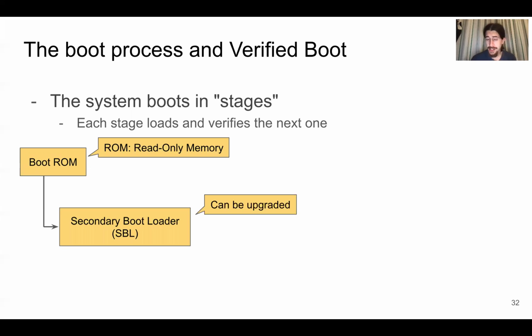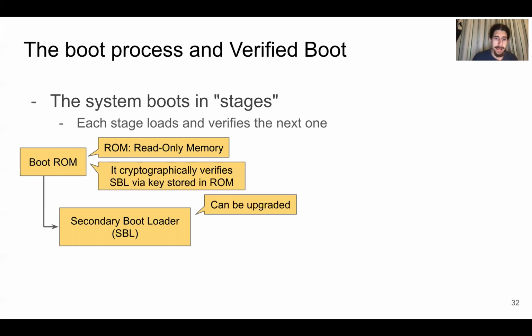And you can change this SBL. There is a procedure to change it. This is different from the ROM, which you cannot change. And the idea is that the boot ROM, before loading and jumping to this secondary bootloader, checks cryptographically that this SBL is valid. What does it mean? Well, in the ROM, not only is there code to load the SBL and jump to it, there is also a cryptographic key.